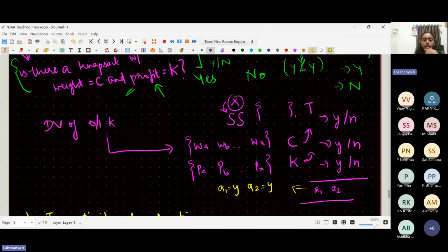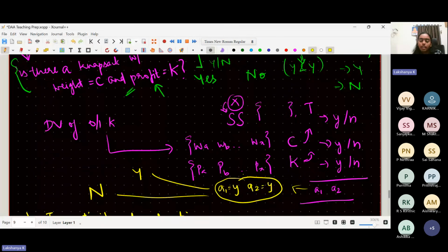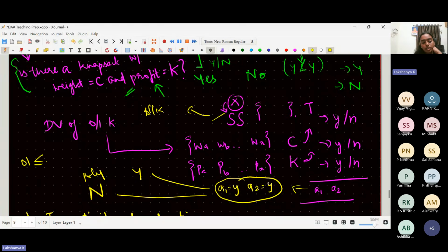Then there is a knapsack with weight equal to C and profit K. So I will return a yes. In any other case, I will return a no. So what I'm doing here is a simple check, an if-else condition, which is going to take polynomial time. So once subset sum is solved, I can solve 0 1 knapsack in polynomial time, which means 0 1 knapsack is reducible in polynomial time to subset sum.